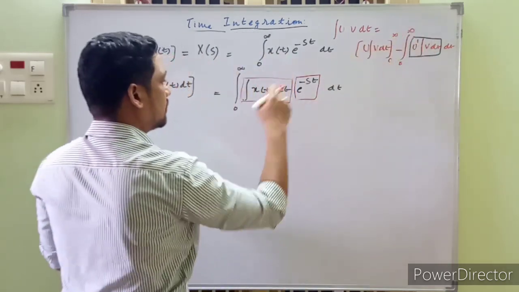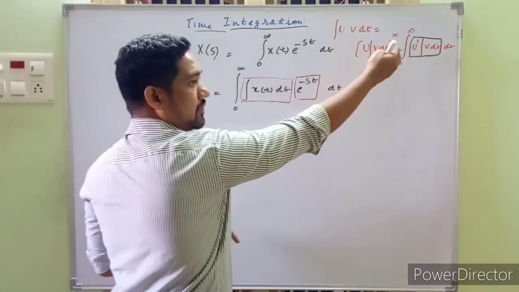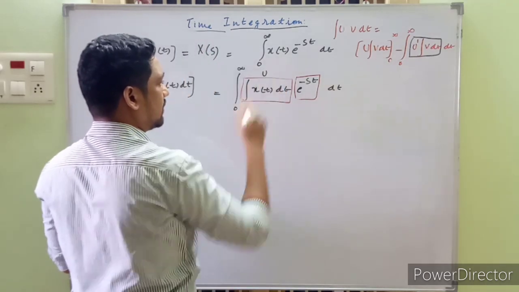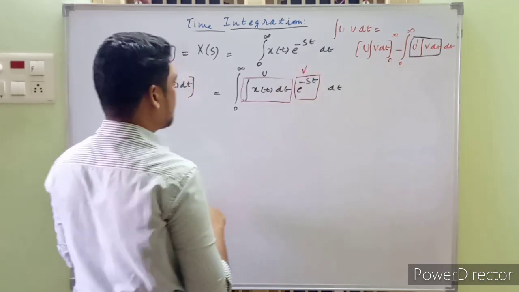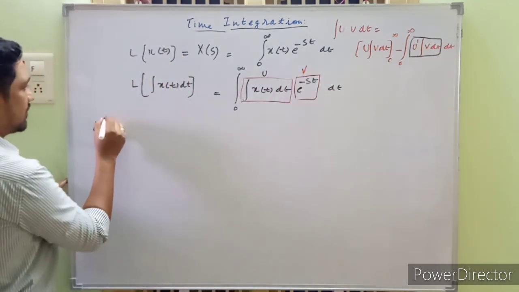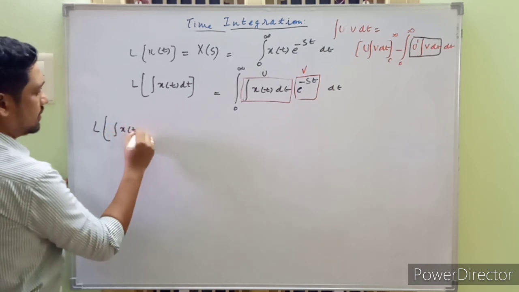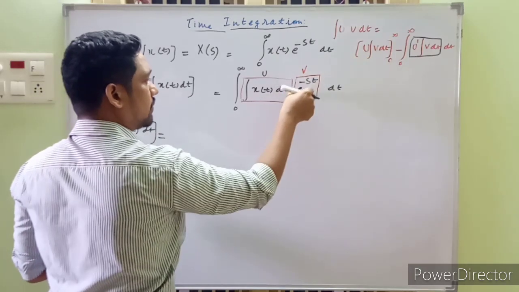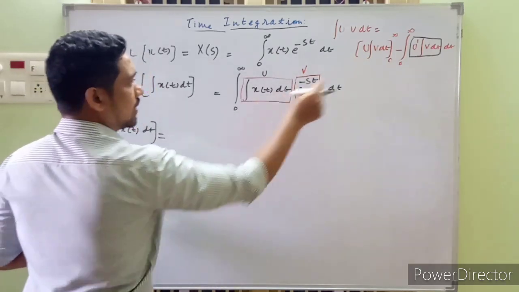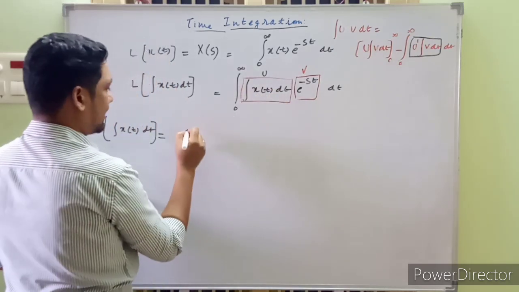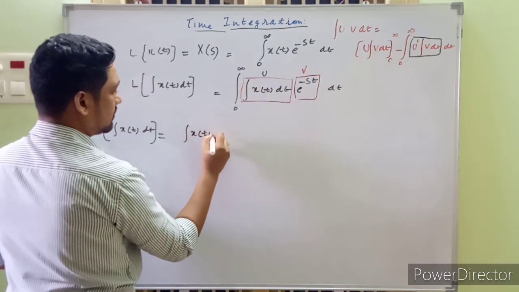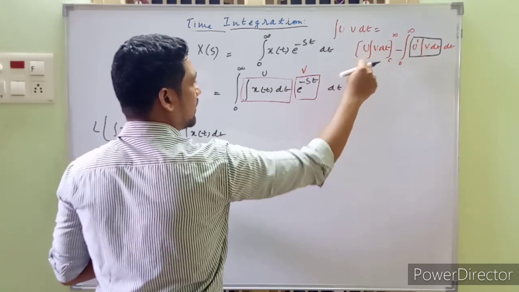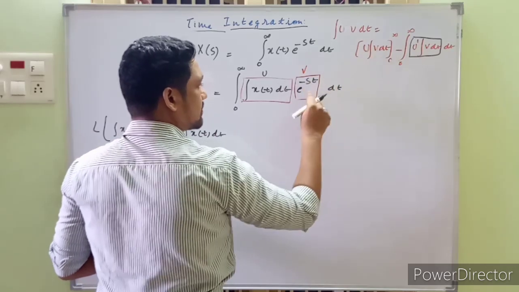Making use of this, the computation will be easy with the UV rule, right? In this case, let this be the first term u and let this be v. The Laplace transform of the integral of x of t dt, making use of the UV rule, is u as it is, the integral of x of t dt, multiplied with the integral of the second term.